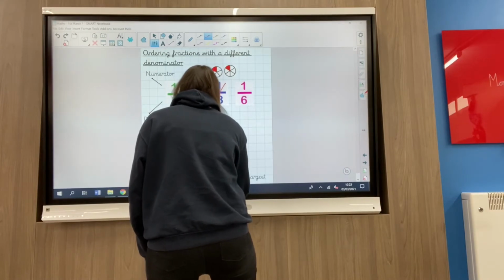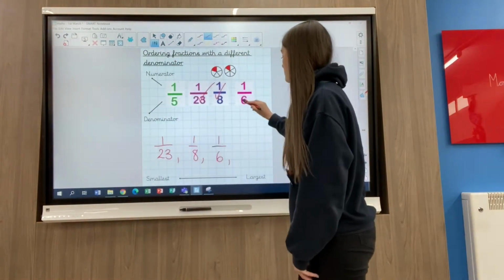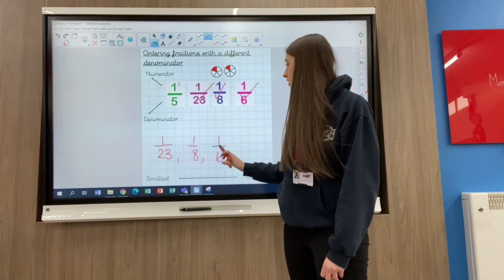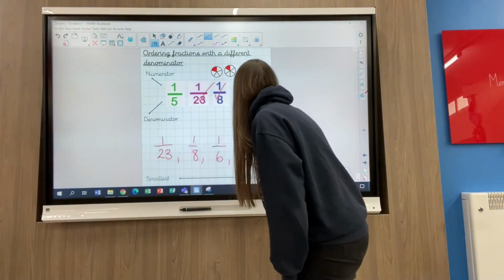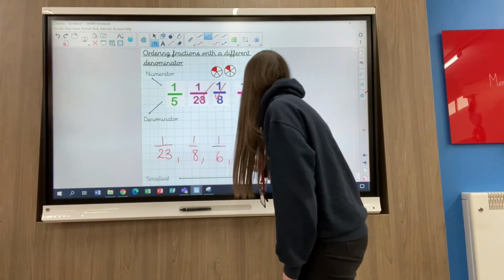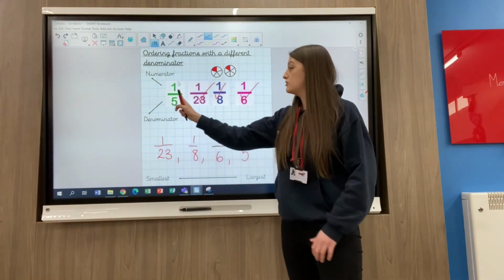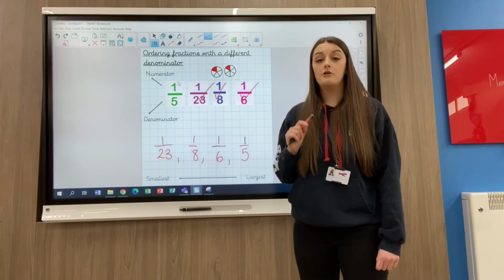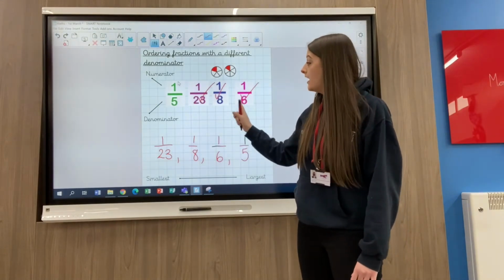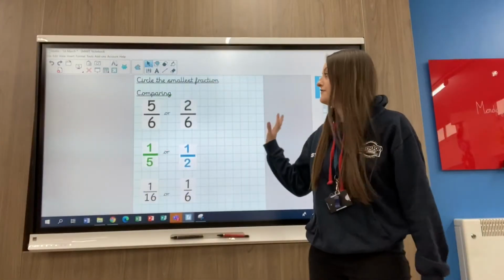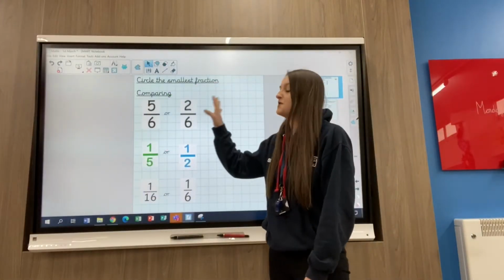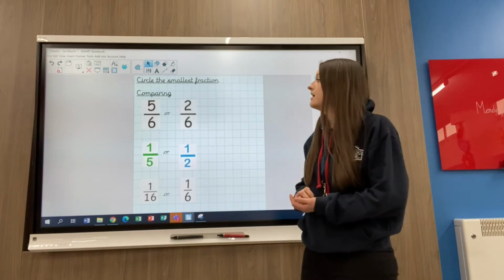And our largest fraction, I'm not sure why my board's changed colour there. The largest fraction is going to be 1/5. And it looks like it's got a smaller number to 23, but remember the rule, the bigger the denominator, the smaller the fraction.